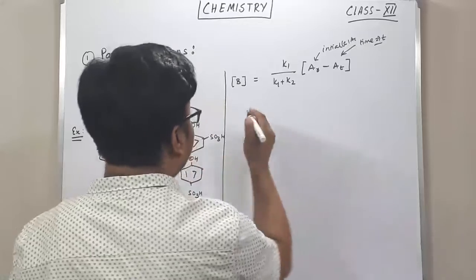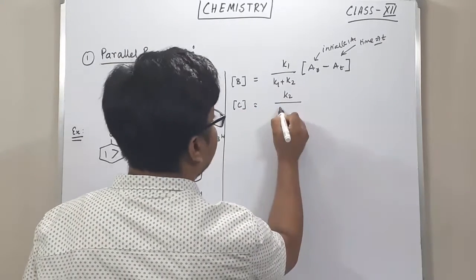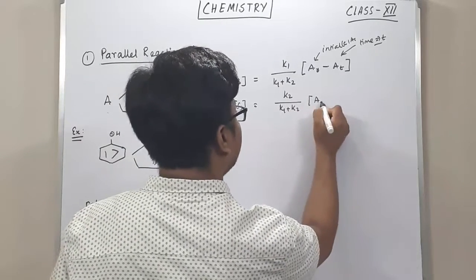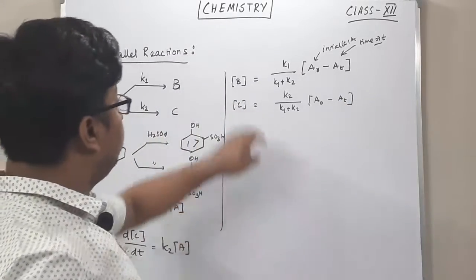Similarly, concentration of C is K2 divided by K1 plus K2 multiplied by [A]0 minus [A]t.